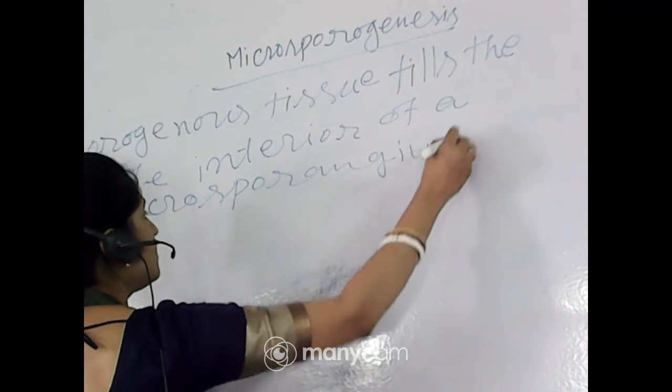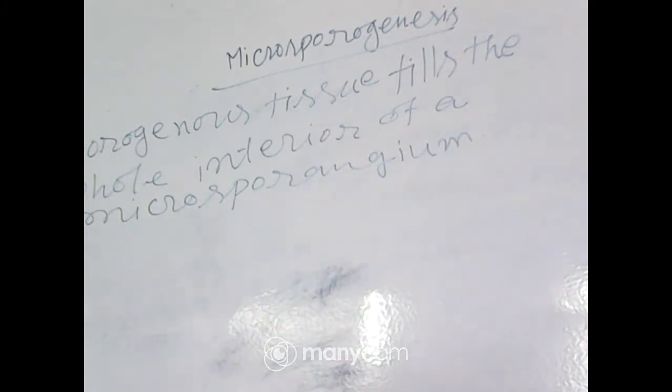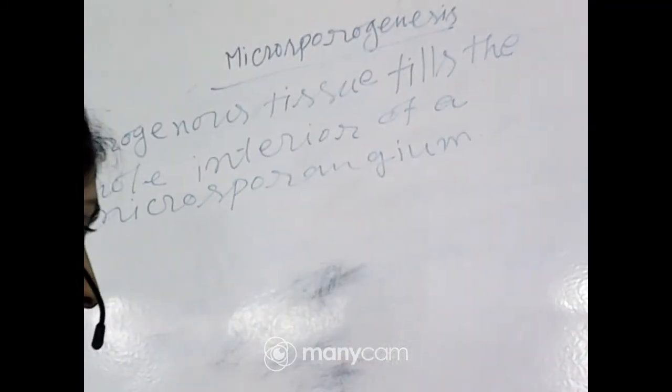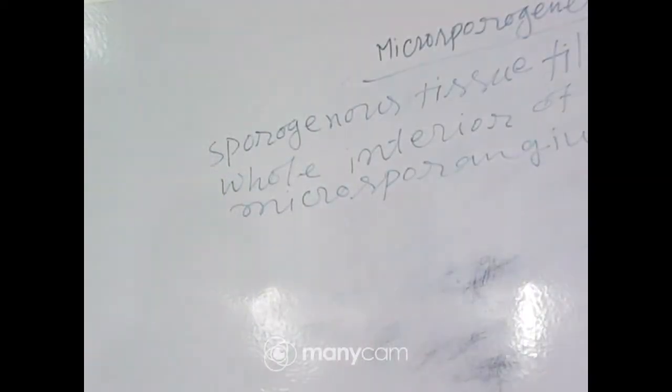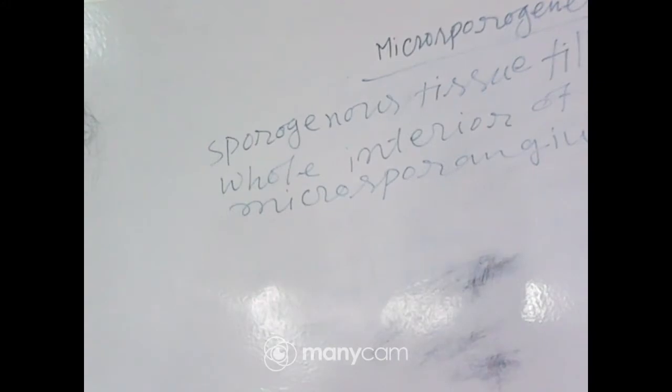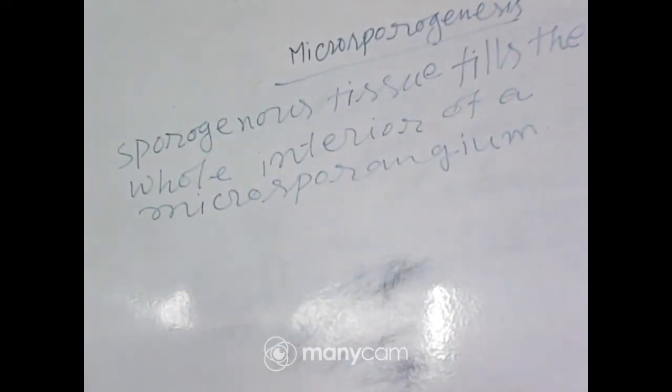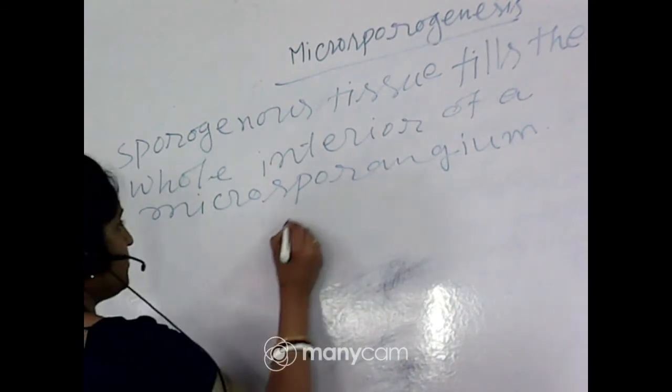So first, what is microsporogenesis? The sporogenous tissue fills the whole interior of a microsporangium.